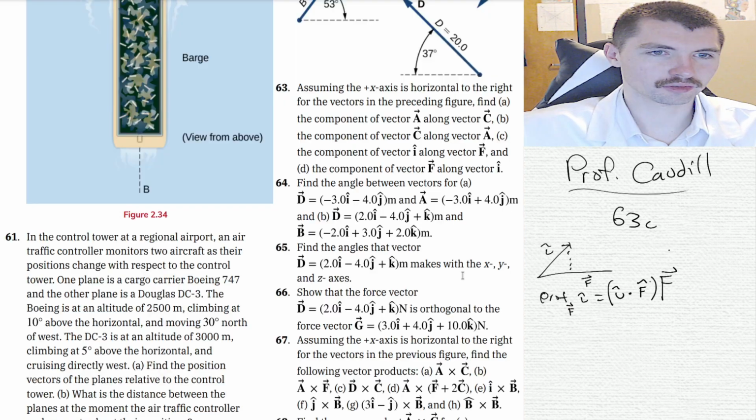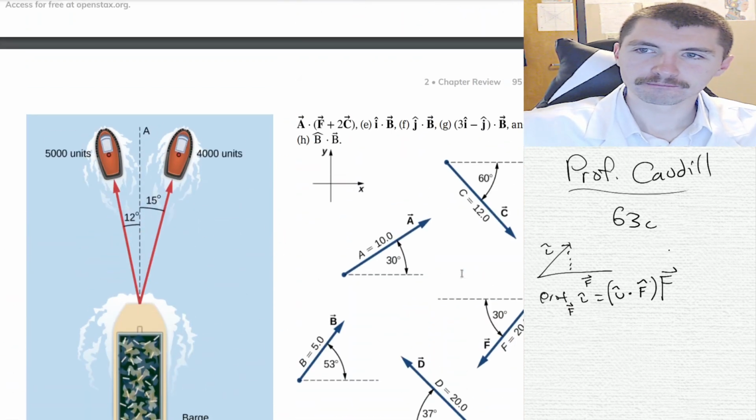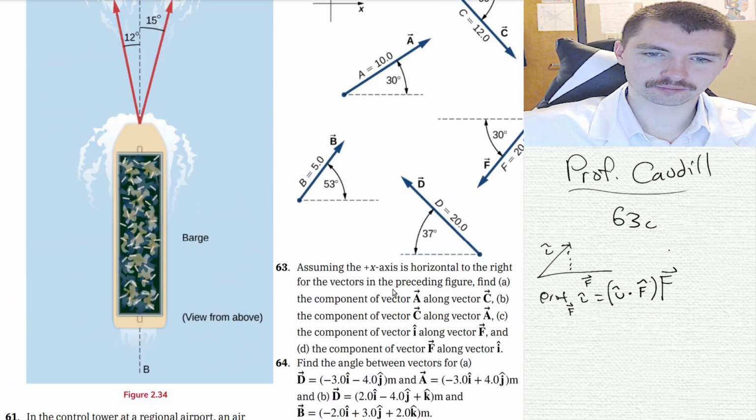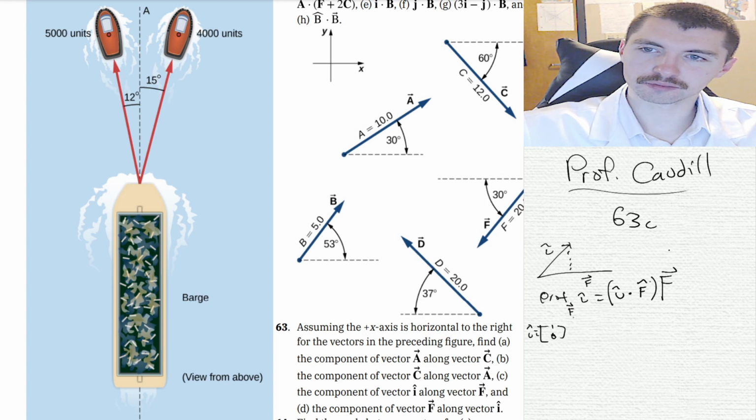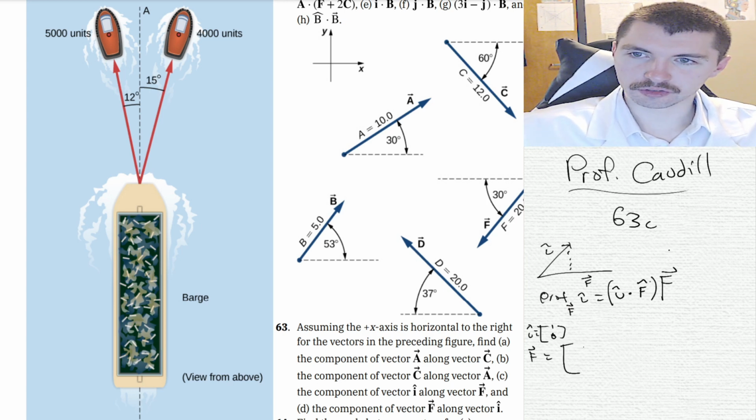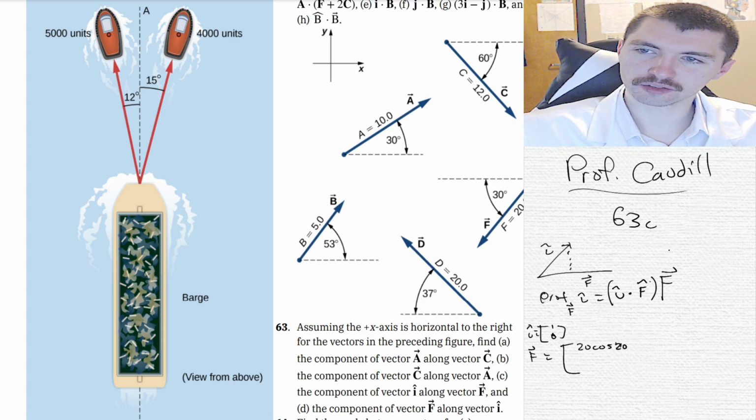Okay, so let's get our numbers. So we know I hat is 1, 0. F is going to be 20 cosine 210 and 20 sine 210.